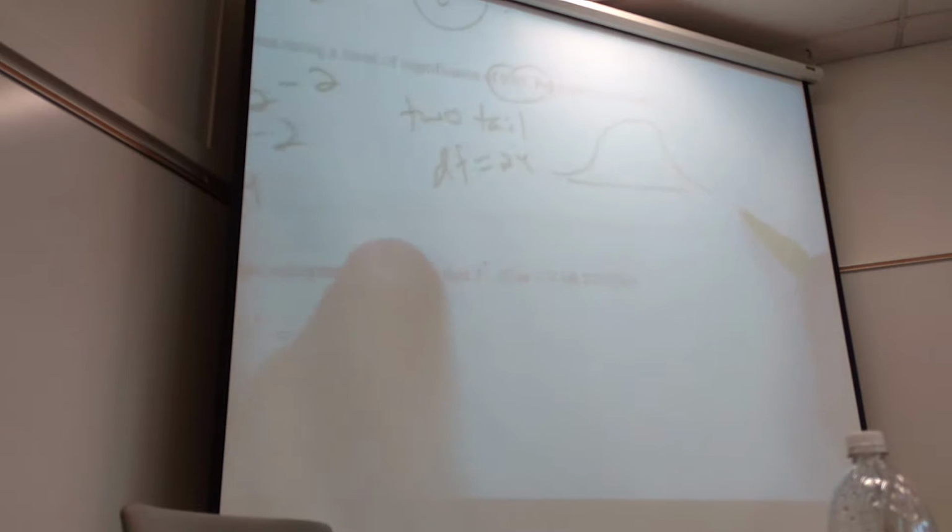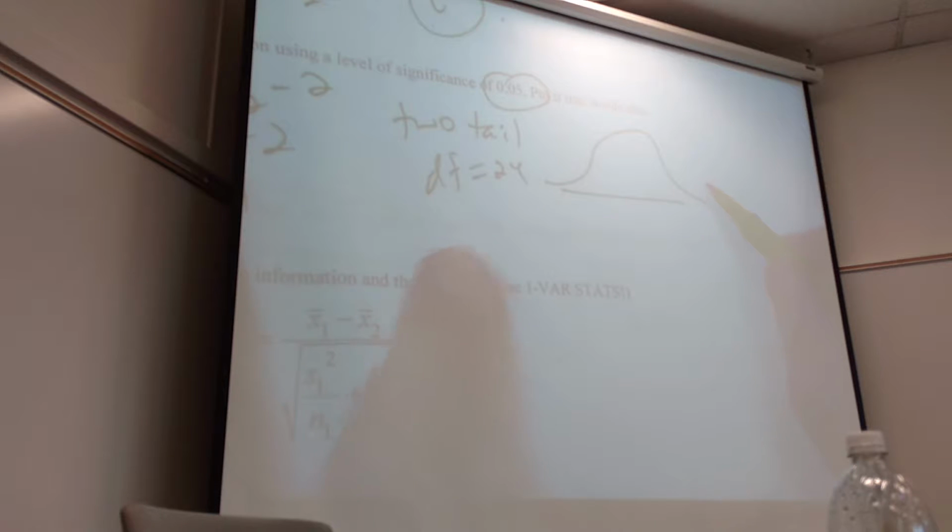So how do I put this together then? How many tail tests again? Two. So this is going to be 2.064, and this is going to be negative 2.064.